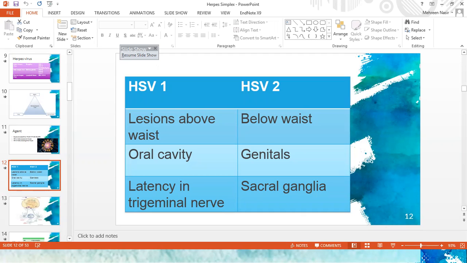The site of latency of herpes simplex virus 2 is the sacral ganglia.